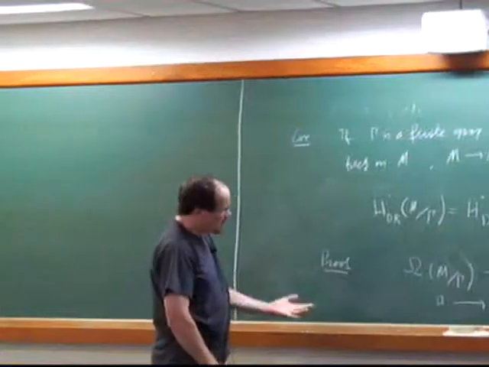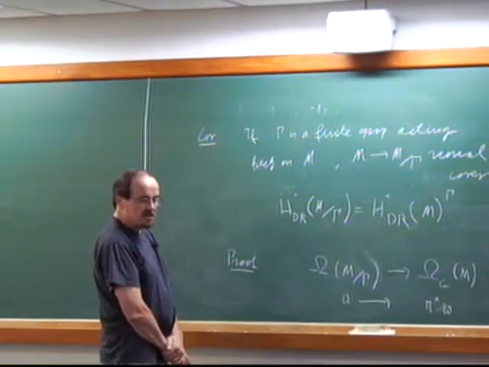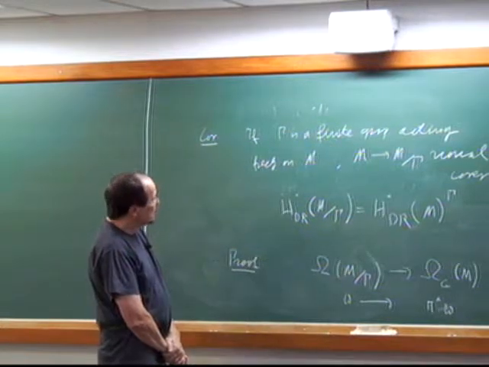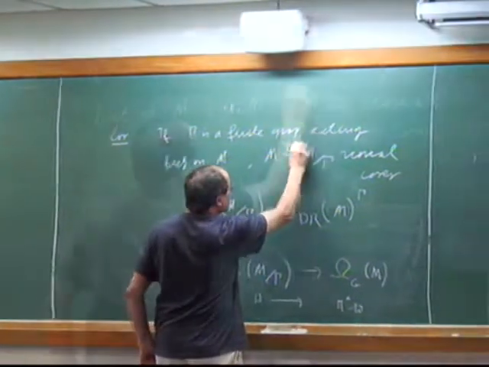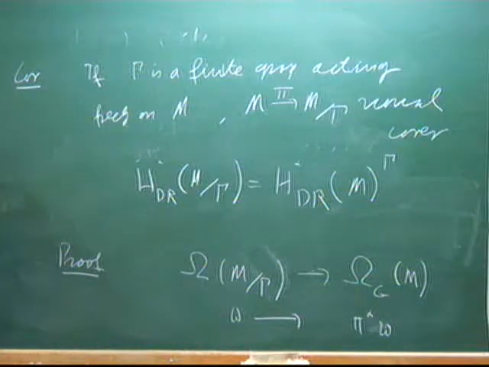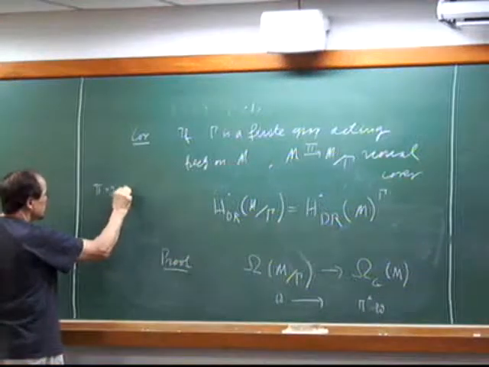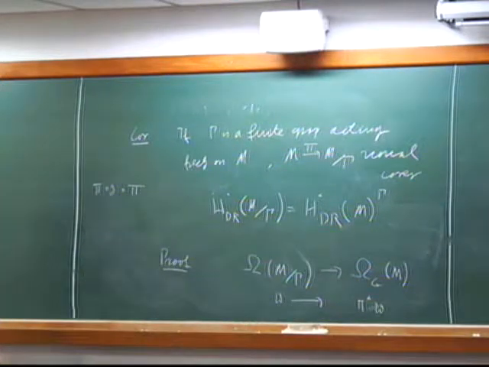So I take a form on the quotient, I pull it back, and I claim that's G-invariant. Because what does it mean if I have a cover like this? It means that if I let the group act first and then take the projection, that's the same thing as the projection.